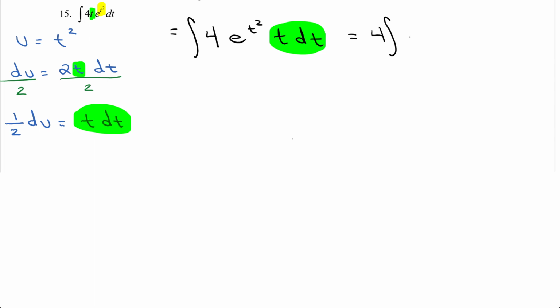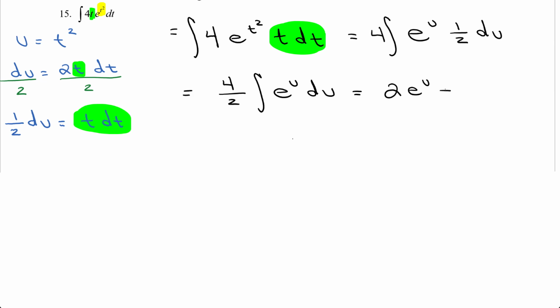So this is equal to 4, I'm factoring out the 4 times the integral of e raised to the u power times 1/2 du. That 1/2, I can factor that out. So if I factor that out, it's going to be equal to 4/2, which can be simplified, times the integral of e raised to the u power du.